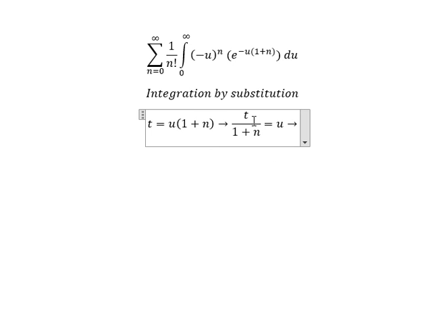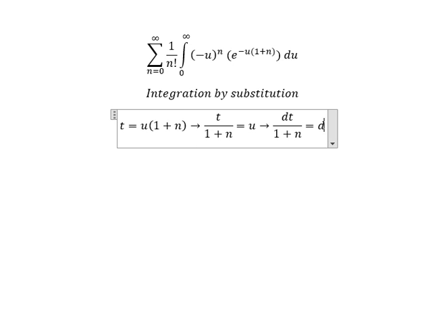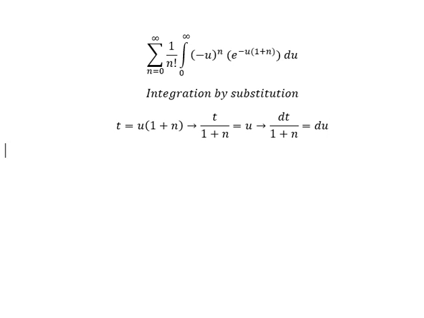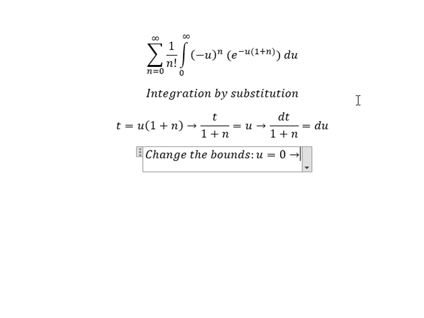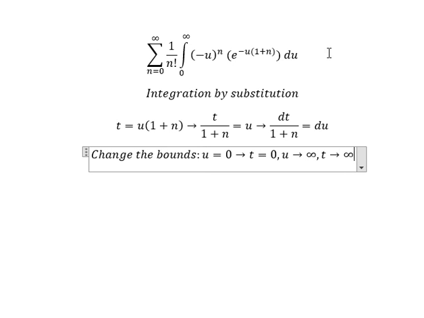Next, we do first the derivative for both sides. Next, we need to change the bounds. When u equals number 0, so t equals number 0. When u goes to positive infinity, so t will go to positive infinity.